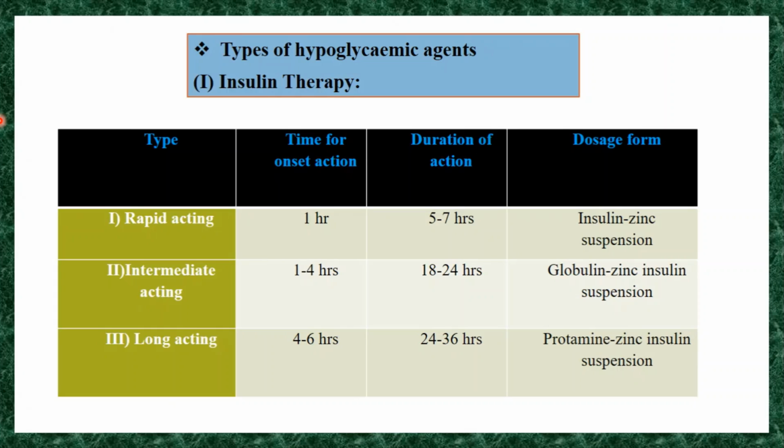It is given by injection through the subcutaneous route, and it cannot be given by oral route, as insulin is a protein and hence it may get digested by enzymes in the gastrointestinal tract.